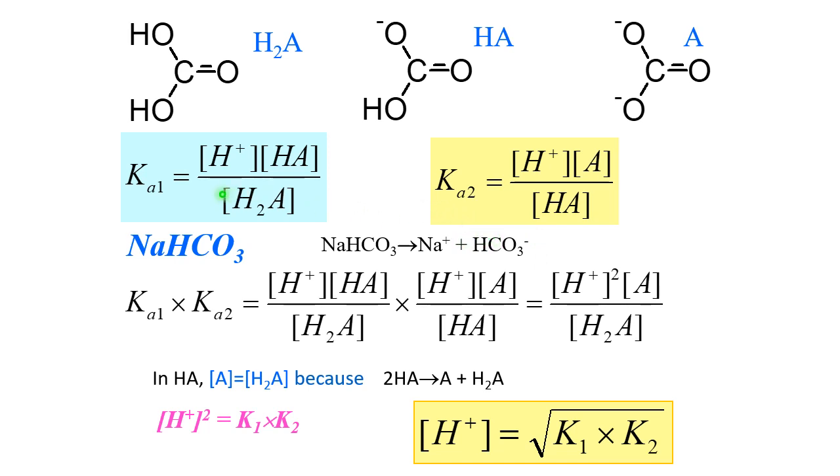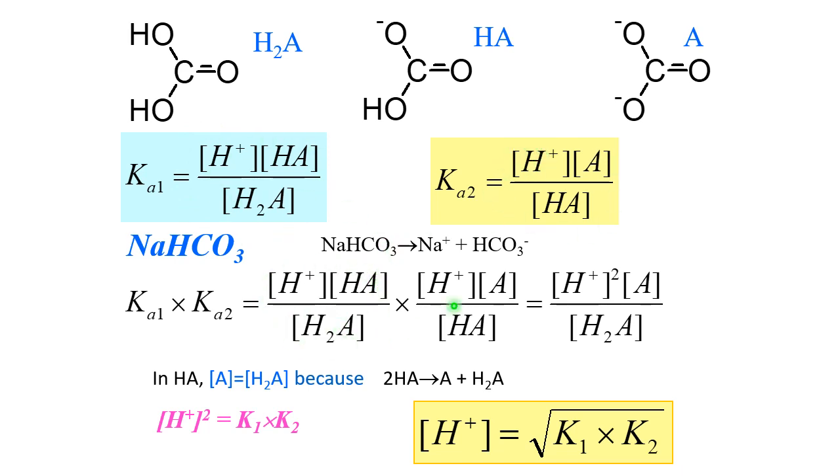Now, how can we calculate pH of this solution? For doing that, we'll do some algebraic trick just to have an equation. We'll multiply constant 1 by constant 2, K1 by K2. So I'm multiplying this expression by this expression.